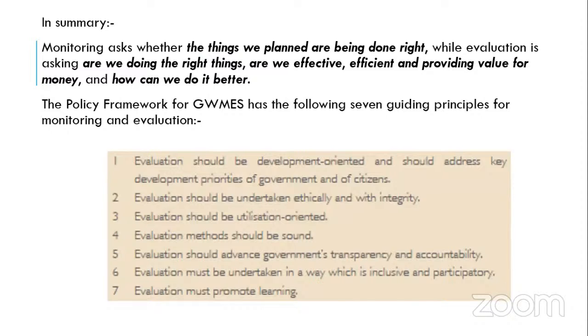Fourthly, the evaluation methods should be sound. So there needs to be a very strong research basis to the methods that we use and nothing willy-nilly. Fifthly, the evaluation should advance government's transparency and accountability. Number 6, it should be undertaken in a way which is inclusive and participatory. And then lastly, evaluation should promote learning.